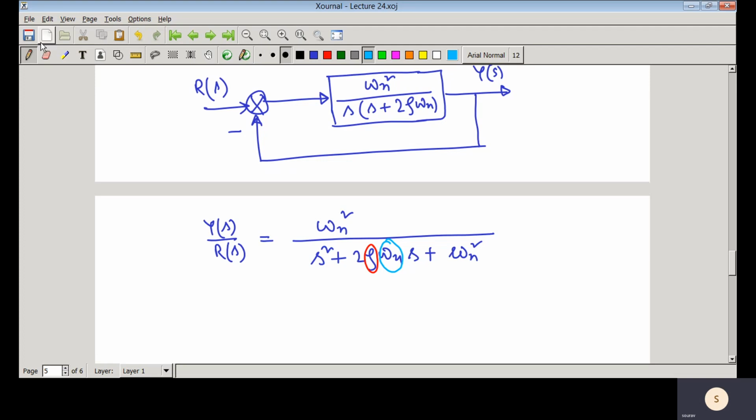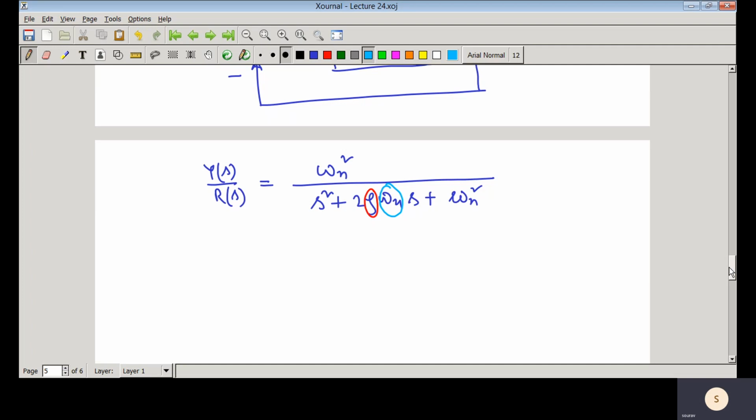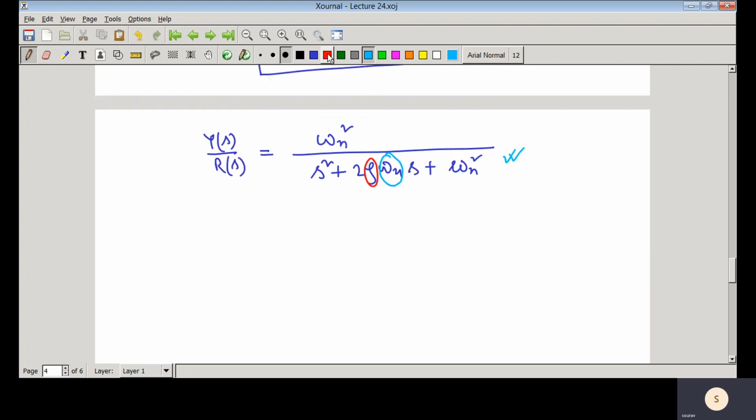So now we are going to discuss how those time domain specifications are related to the frequency domain specification, and here the frequency domain means the closed loop frequency response. This transfer function is a second order closed loop transfer function from input to output. In the Bode plot we have seen the frequency response of a second order term.